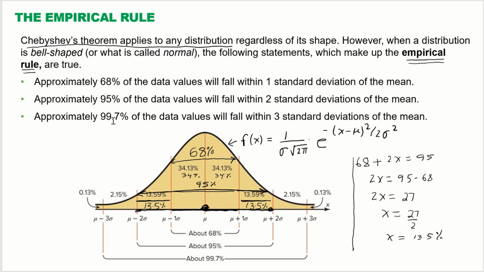Similarly, you can see within 3 standard deviations. If you go 3 standard deviations up from the mean up to here, and 3 standard deviations down from the mean all the way down to here, the total amount of data that lies within this region will be 99.7%. So if you want to find this value, suppose I want to find this area, the area on the left and the area on the right are equal by symmetry.